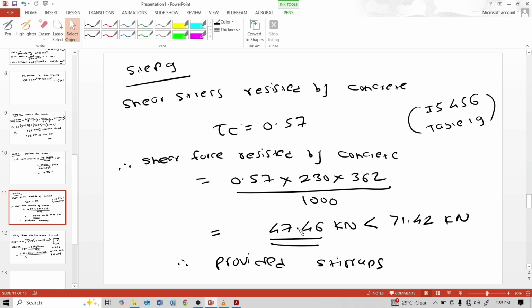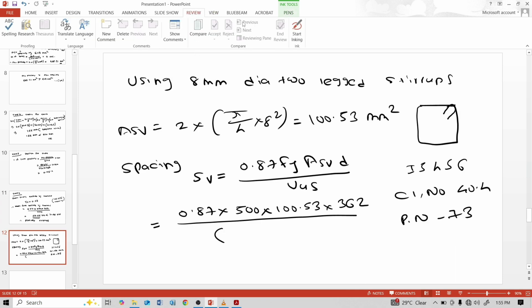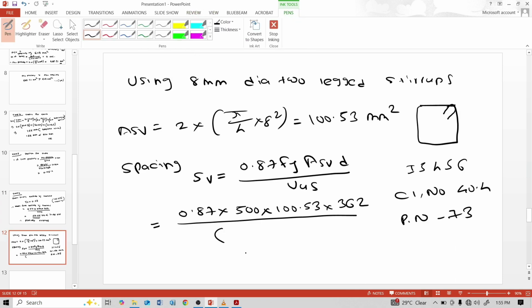That means additionally, I show you, shear force required 71.42 minus shear force resisted by concrete 47.46, 23.96.